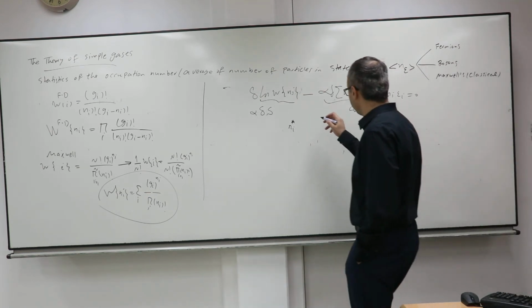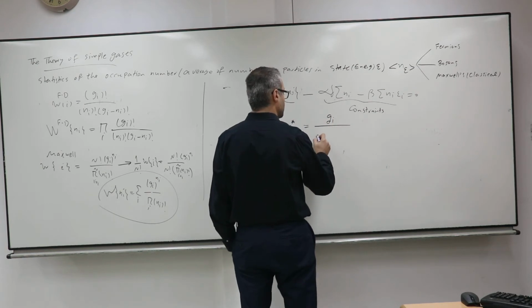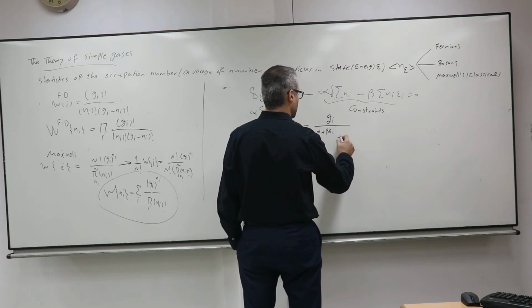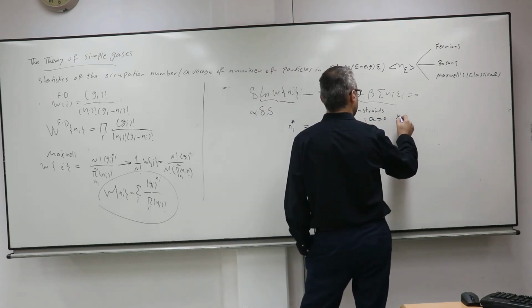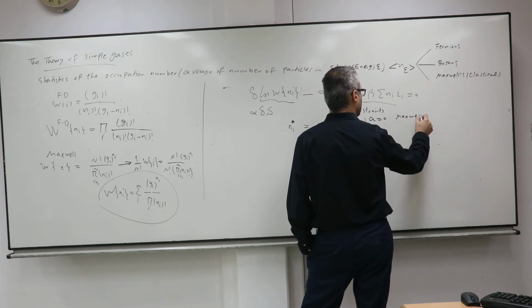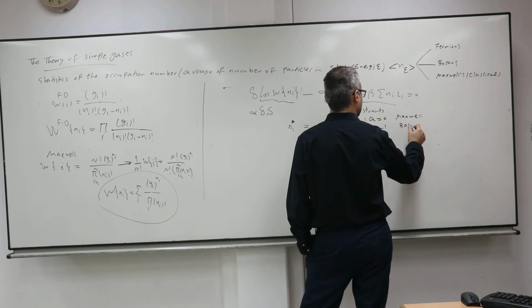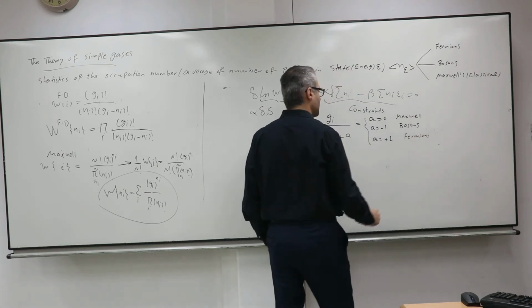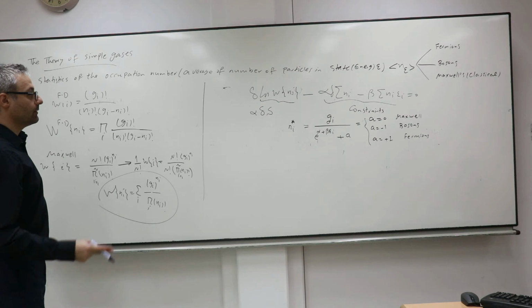N_i will be G_i over something, which, if you set a equal to 0, will be Maxwell, a equal to minus 1 will be boson, and a equal to plus 1 will be fermions. What we did is that we didn't calculate this minimum or maximum three times.